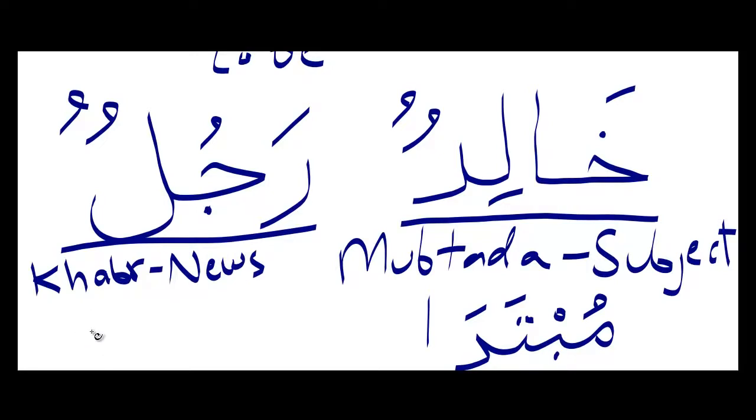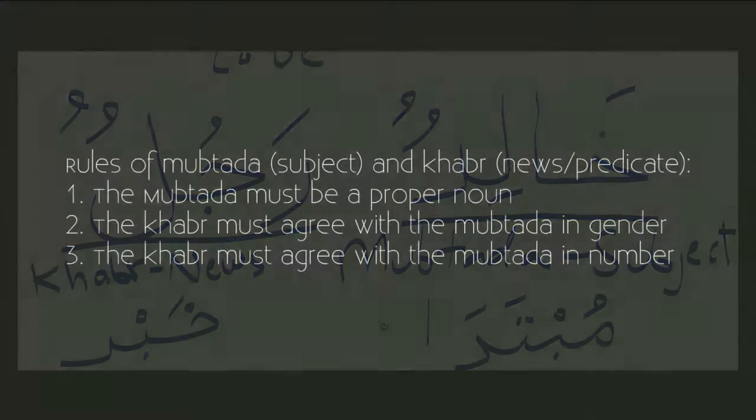In English grammar, it's known as the predicate. So here we have Khalid. Okay, he is the subject of our sentence. And what is the news that we're giving about him? That he is a man. So a man becomes the news, and Khalid is the subject.